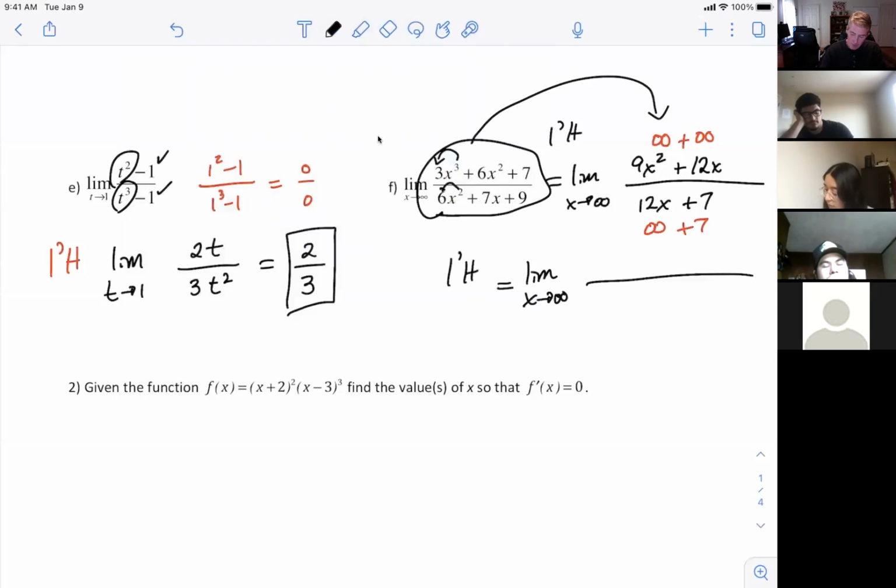So on the top, the derivative of 9x squared will be 18x. The derivative of 12x will be 12. And on the bottom, the derivative of 12x is 12, and the derivative of 7 is 0. So L'Hopital's rule made it even simpler.